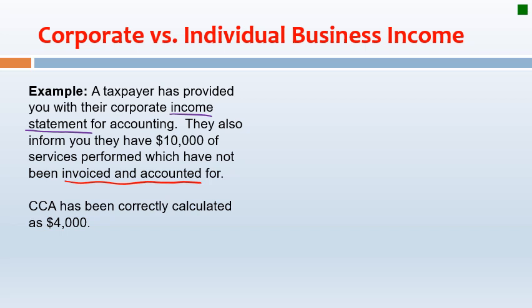This person, for their corporation, doesn't seem to be accounting for transactions using generally accepted accounting principles, which of course is wrong. But I just wanted to demonstrate some of the ideas behind how business income is recorded for tax purposes within a corporation. So we've also got information regarding CCA having been correctly calculated as $4,000.